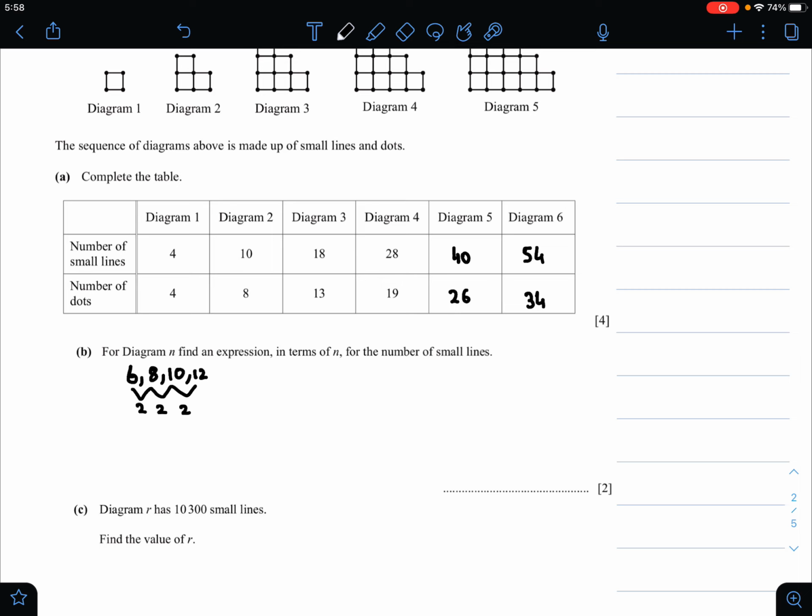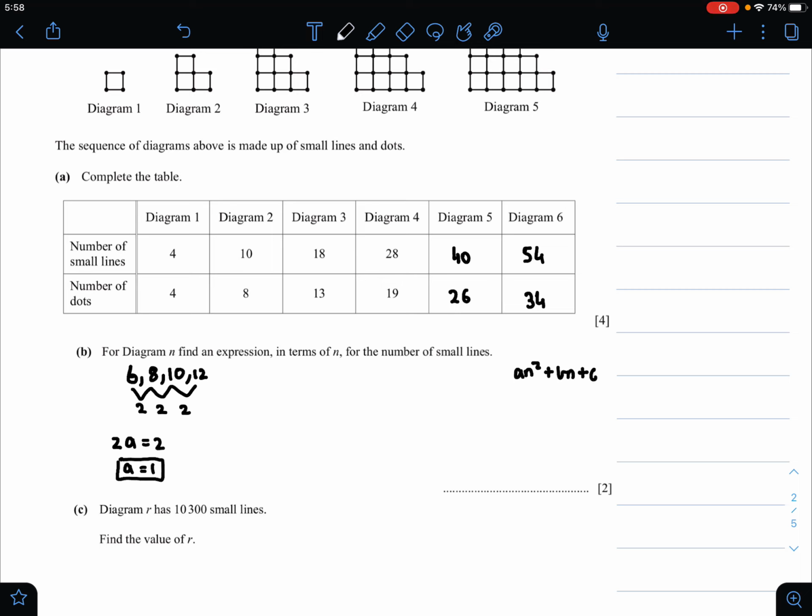And therefore, this is a quadratic sequence, which means that 2A is equal to your common difference. Therefore, your A value will be equal to 1. Now, a quadratic sequence is written in the form an square plus bn plus c.